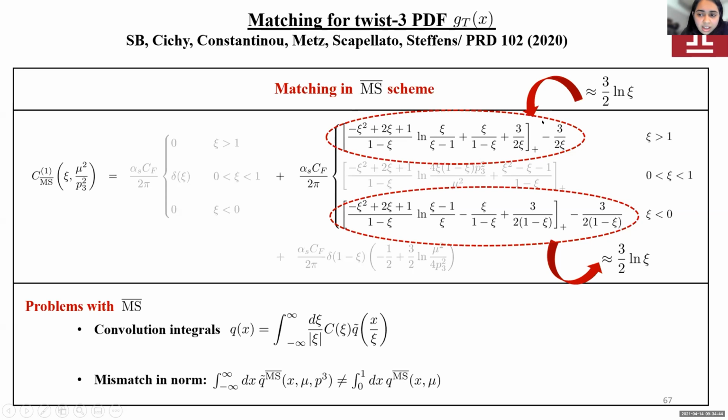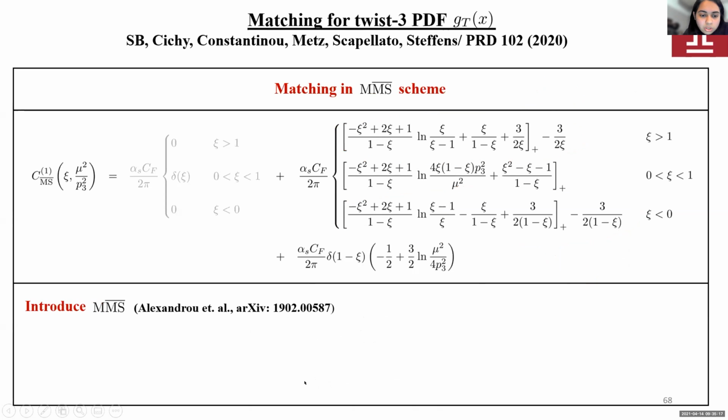So because of that, after a convolution, when you calculate the norm for the matched PDF, you hit a logarithmic divergence. This is the same UV divergence that you miss in your real diagram results, as I explained before, but they kind of hit you back when you calculate the norm for the matched PDF. So because of such divergences, the norm for matched PDF does not agree with that of quasi-PDF. This needs to be fixed.